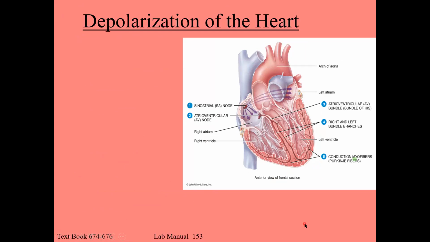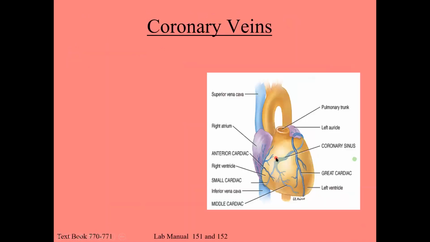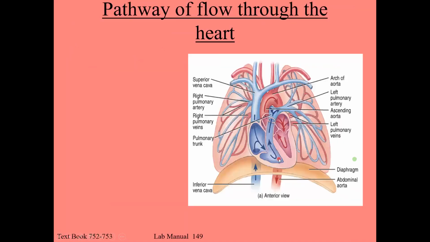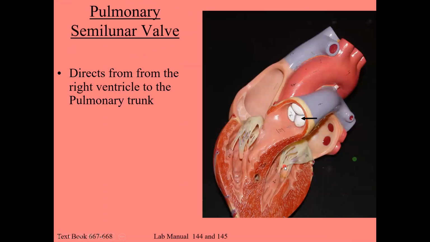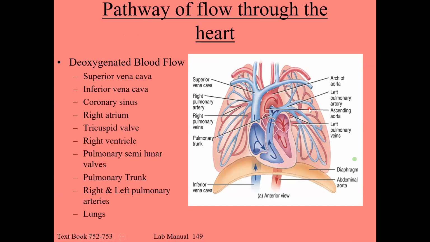What does it tell you? When the walls are thick, it has more muscle. Why is the left ventricle having more muscle than the right? Function. Where is the blood being pumped from the right to the left side? Let's go back to the circulatory system. If you look at this picture where the heart is pumping, you see blood from the right side is merely going up the pulmonary trunk to the lungs.